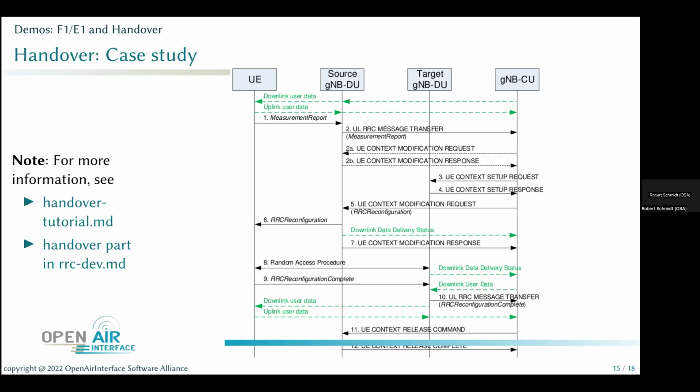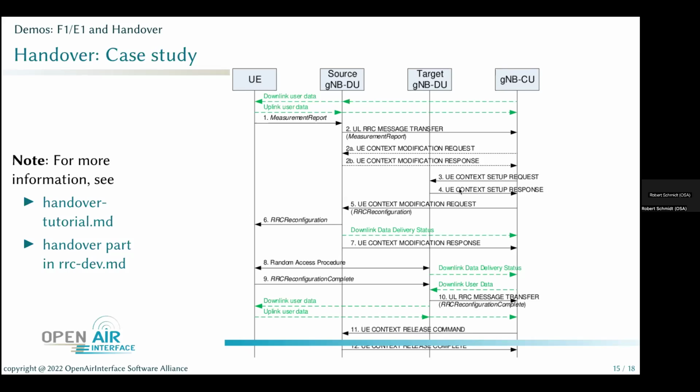Now, here are a couple of optional things that are not necessarily done in all cases, or not done by OAI. There is a handover tutorial where you can read and also see the steps that I will show you in a moment.